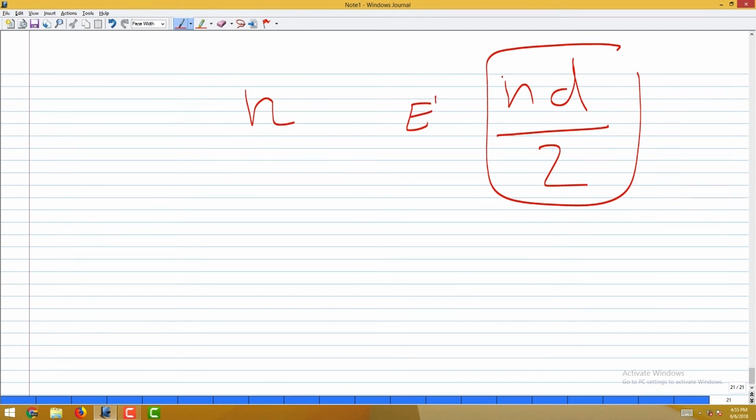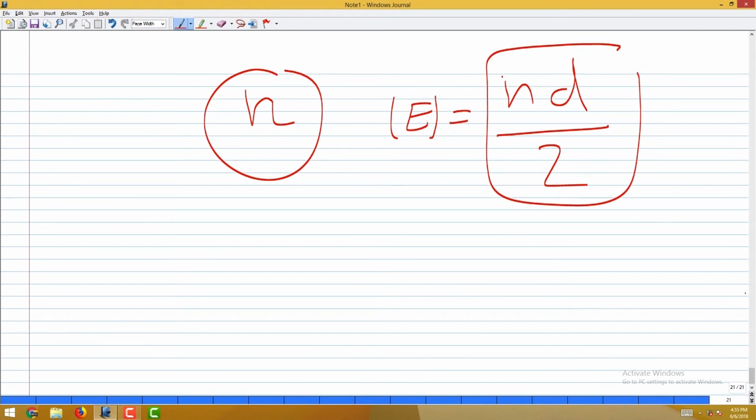N into d by 2, because the total sum of degree will be n times d, and n d by 2 is the number of edges, and this many vertices. Now, how big an independent set can I find? The strategy is this. Like the way I picked up students here, I will pick up the vertices thinking that I will get an independent set.